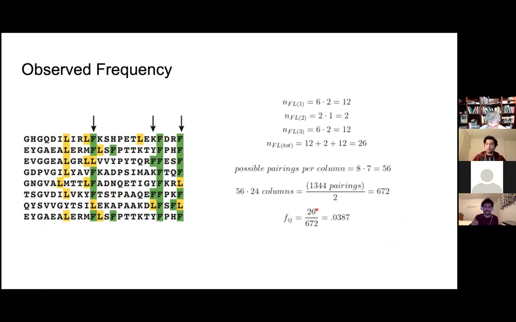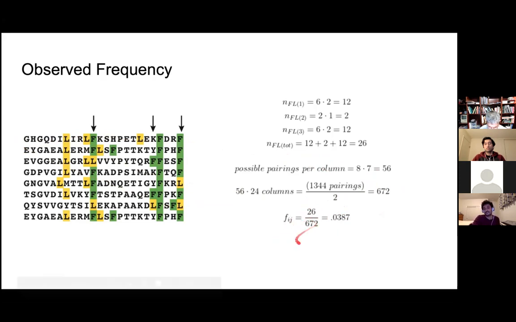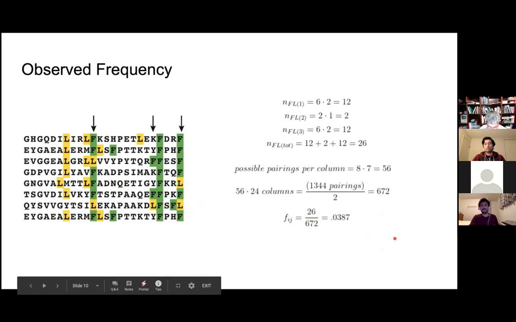Now we want to divide by 2 because we don't care about order. When we did the math of 8 times 7, we counted glycine G to E as one pair, but we also counted going E to G again. So we divide by 2 so we don't include that, and we get 672. For our observed frequency, you have 26 divided by 672, which is 0.0387.